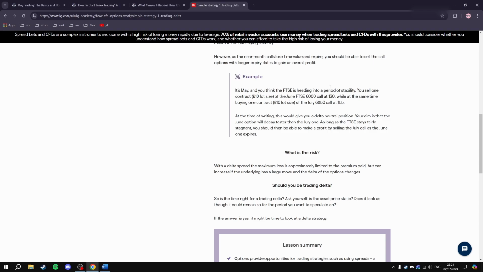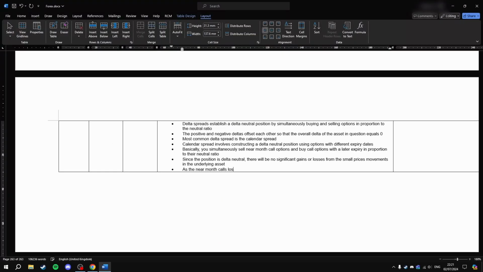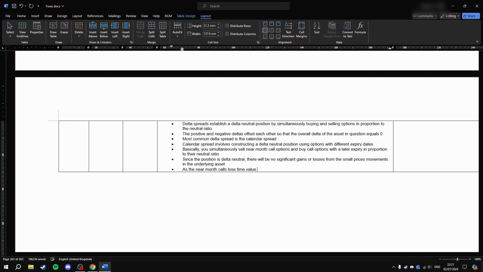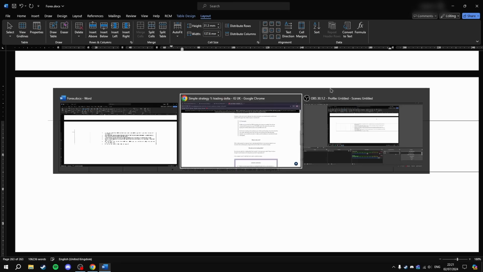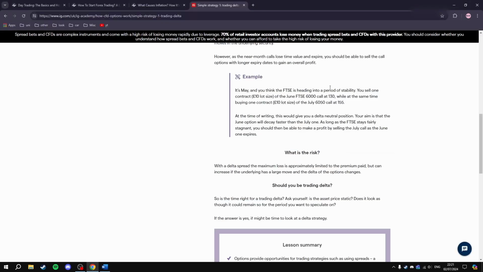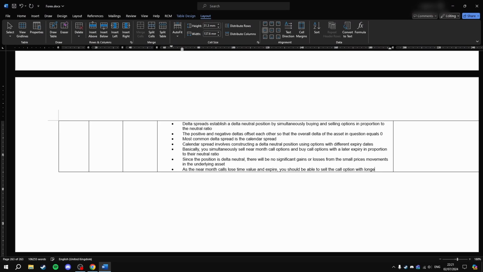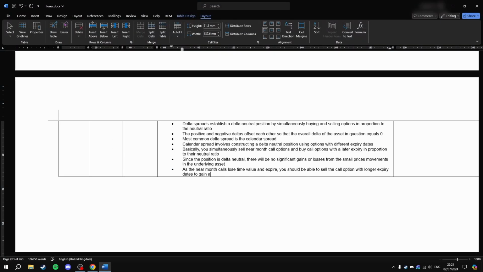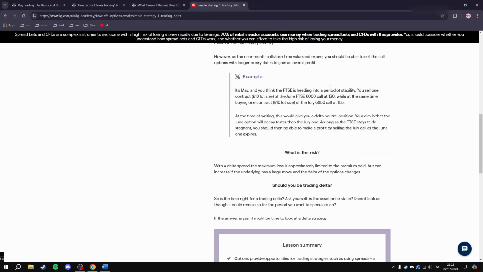As the near month calls lose time value and expire, you should be able to sell the call option with longer expiry dates to gain an overall profit.